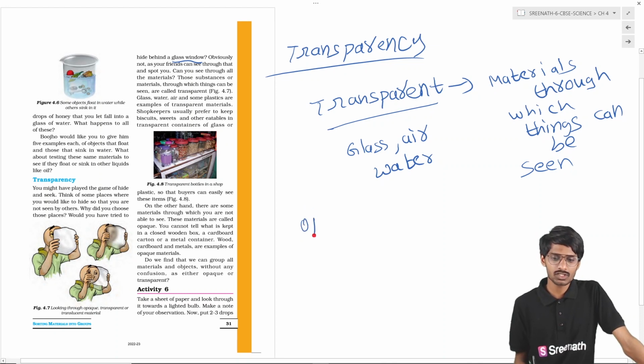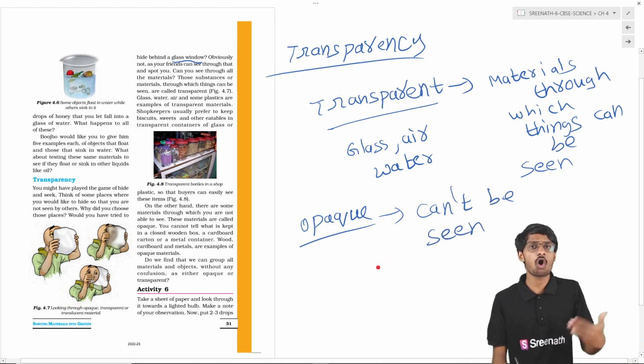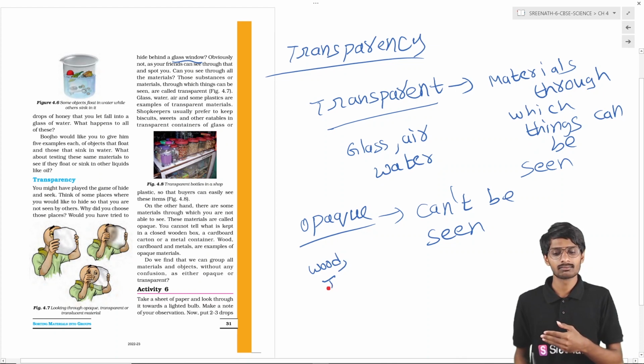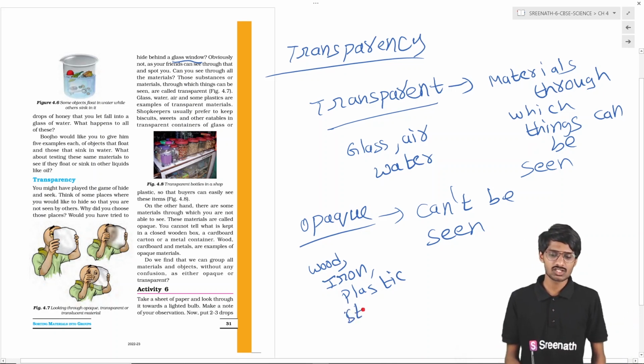And there are some materials called opaque, having opacity. Through these materials we can't see the things or the objects. Examples are wood, iron, some types of plastic, and metals like stainless steel.